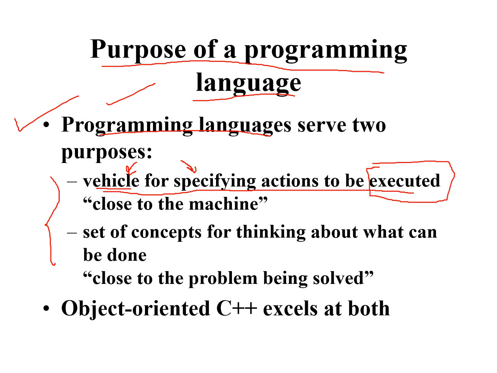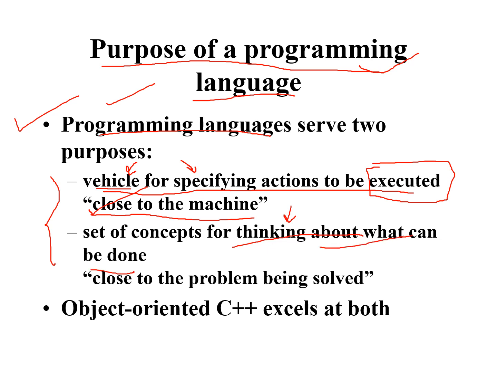So that is why the phrase we use for it is close to the machine. It is even closer to the machine than us. These programming languages are closer to the machine. Then the second thing is a set of concepts for thinking about what can be done. This programming language is a complete set of concepts and helps us think about what can be done.